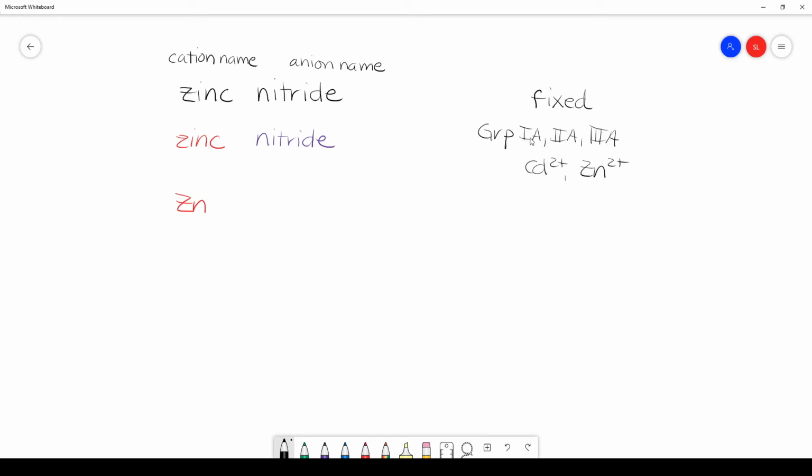Group 1A is a 1 plus, group 2A 2 plus, group 3A 3 plus. In this case, our element is zinc. It has a fixed charge of a 2 plus. It will never be anything other than a 2 plus.